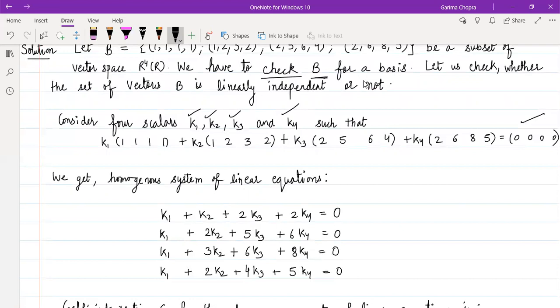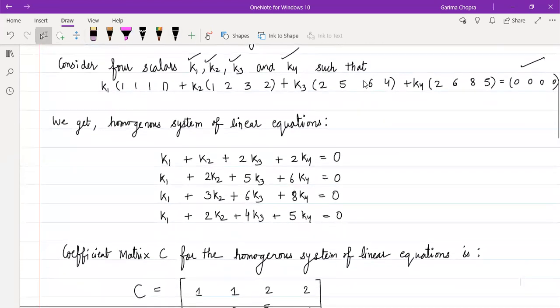The right hand side of all the equations is 0 here, and we will check the nature of this homogeneous system of linear equations. If this homogeneous system has a unique solution, then we know that the unique solution will be the trivial solution, meaning k1, k2, k3, k4 all take the value 0.